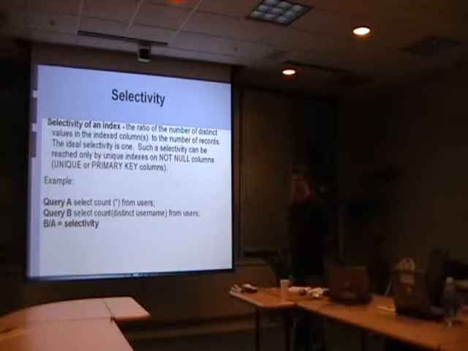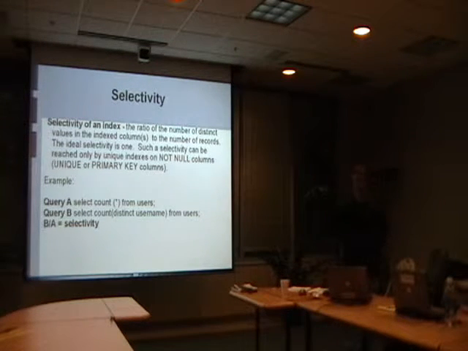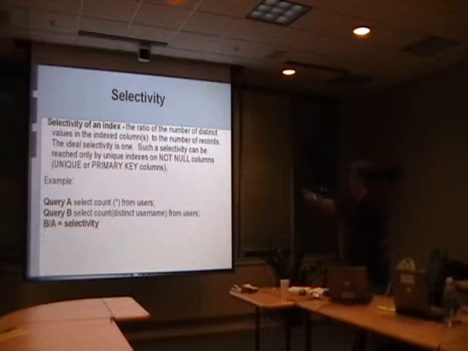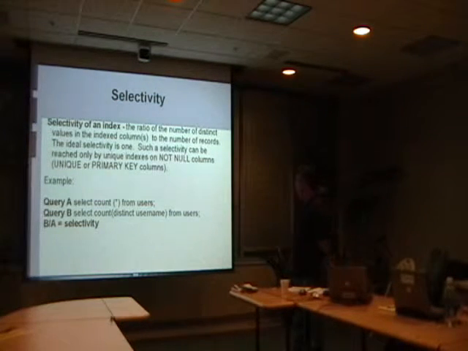If we had 1,000 rows in our users table, and we had 1,000 distinct usernames, that would be 1,000 over 1,000, which would be equal to 1. Now, if you remember, the ideal selectivity is 1. That's great. That means every row is distinct. Now, if half of them were the same as the other half, then out of that 1,000-row table, only 500 of them would be distinct, right?